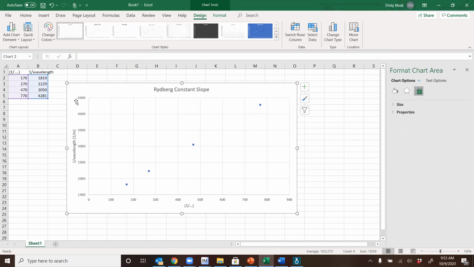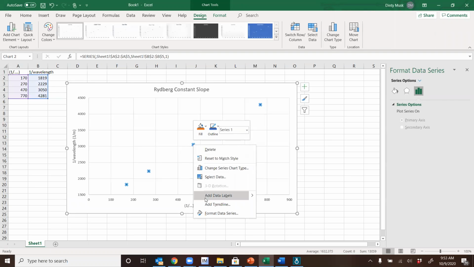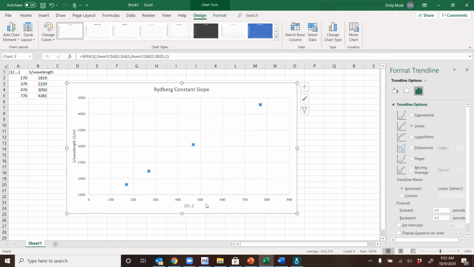So anyway, you can play with and customize the axes to show what you want out of the graph. But importantly, we need to be able to use Excel to solve for the slope of a line through a linear data set. So here's how we do it. It's going to be a little different for people on Apple computers because there's no right click, left click, but on a PC, I right click on this data point and then go to add trend line. So what Excel does is it looks at that data set and says, well, I think that's a linear data set.